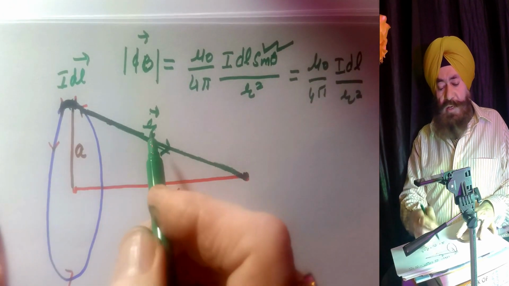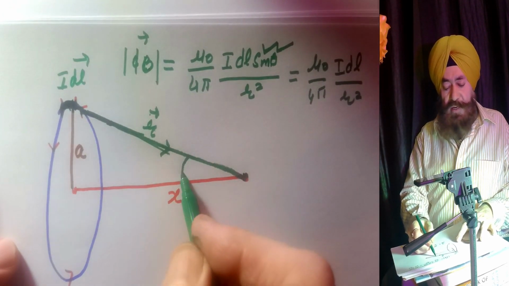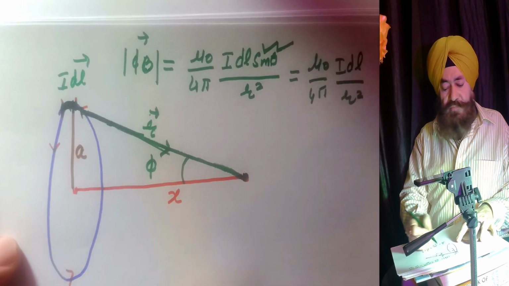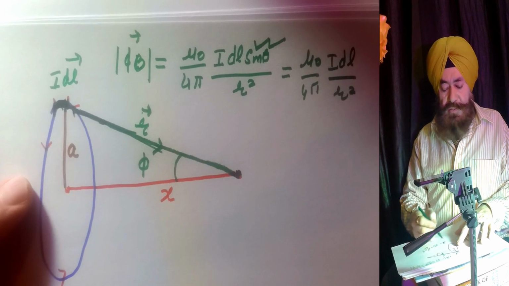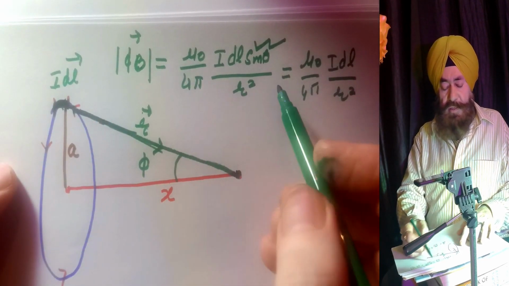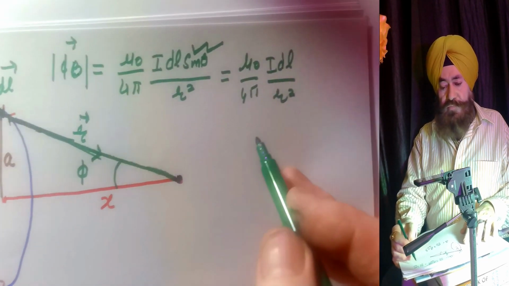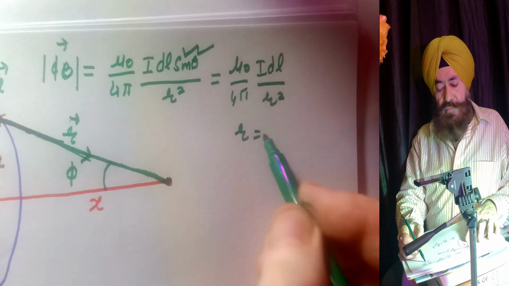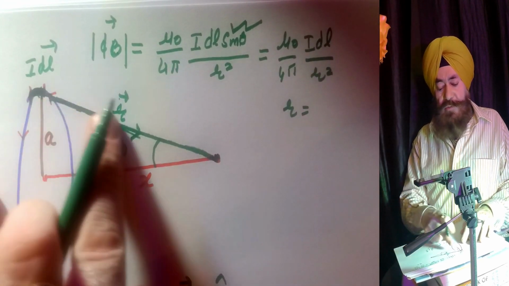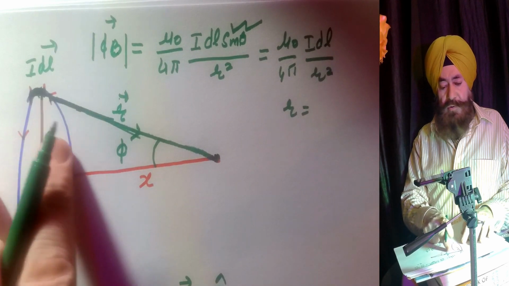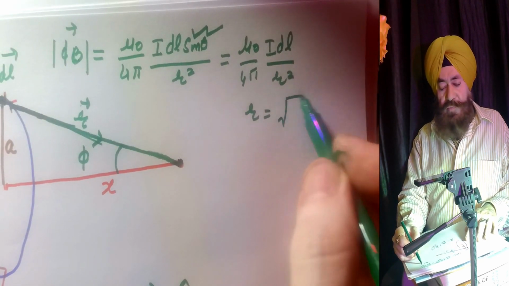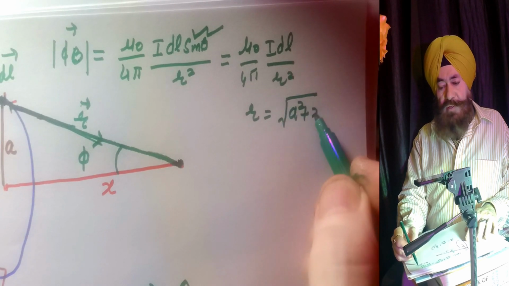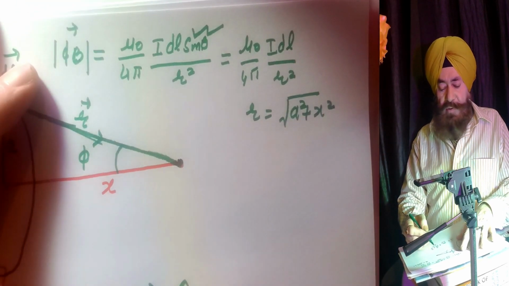Now what is r? If this angle is phi, what is the value of r? By Pythagoras theorem, r equals under root of a square plus x square.